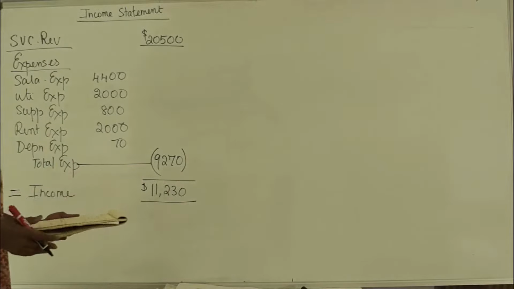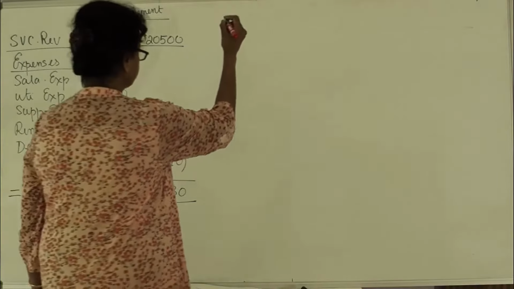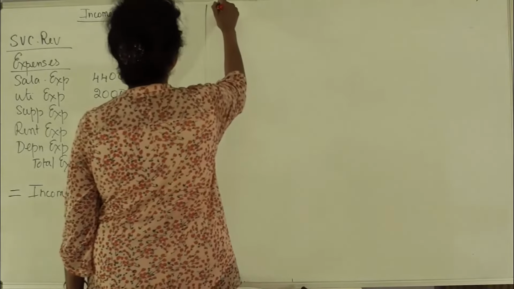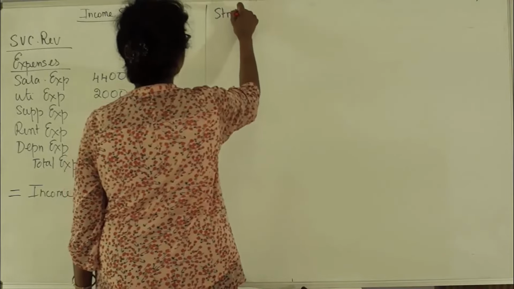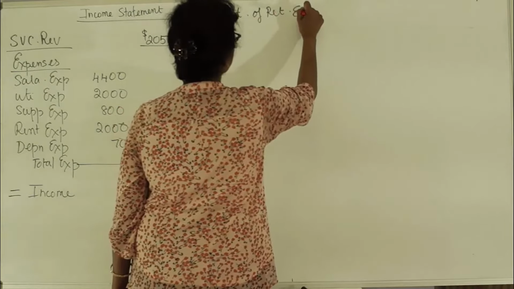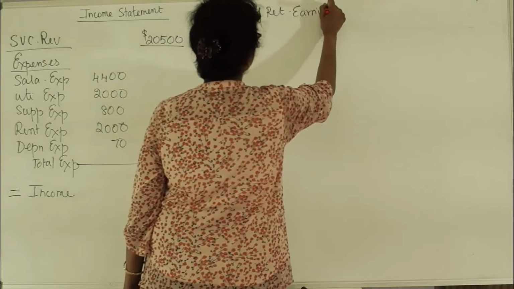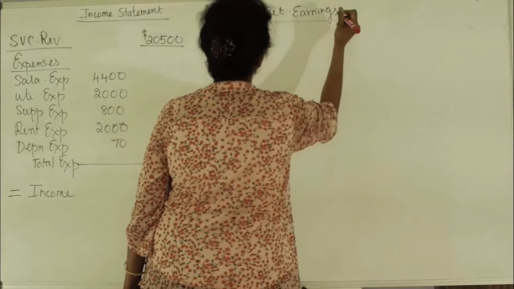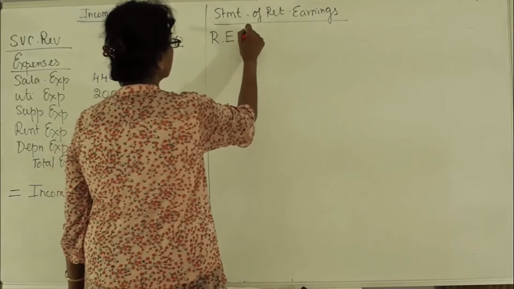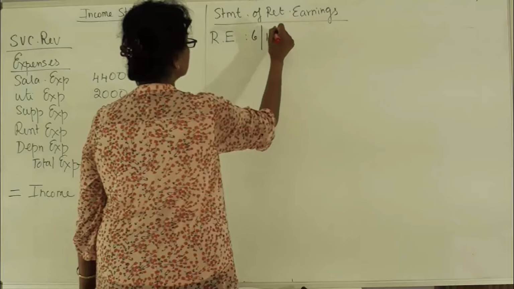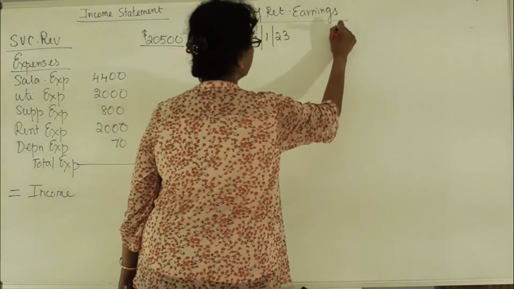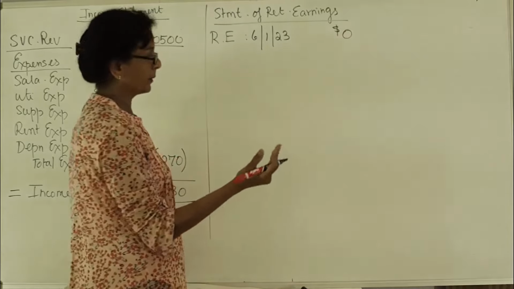Next, we are going into the statement of retained earnings. So here, the retained earnings as of June 1st, 2023 was 0. Remember, that was the first month of operations.